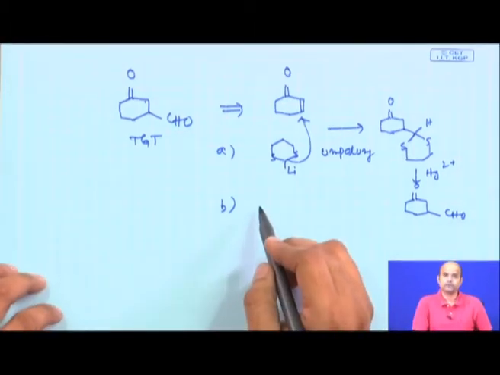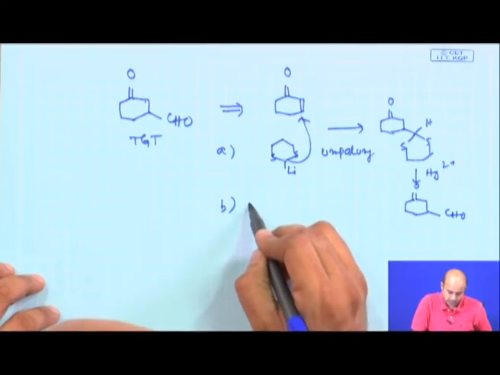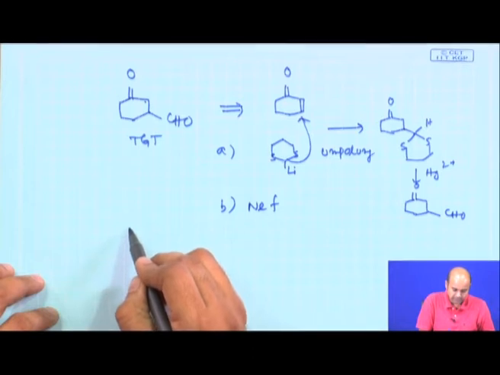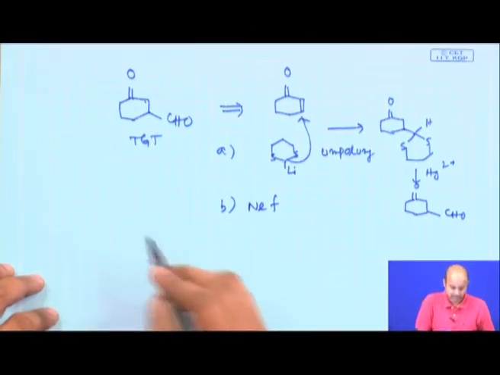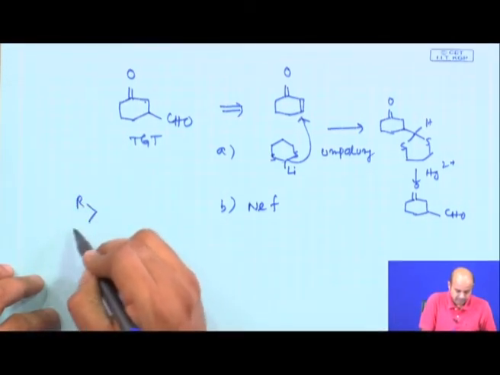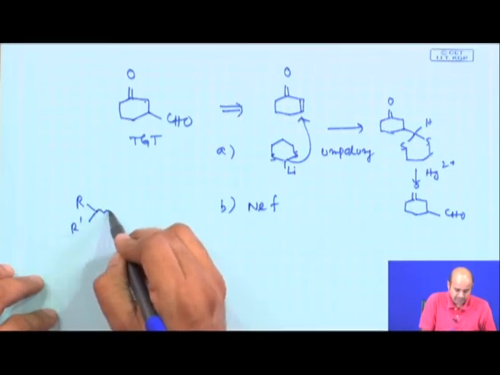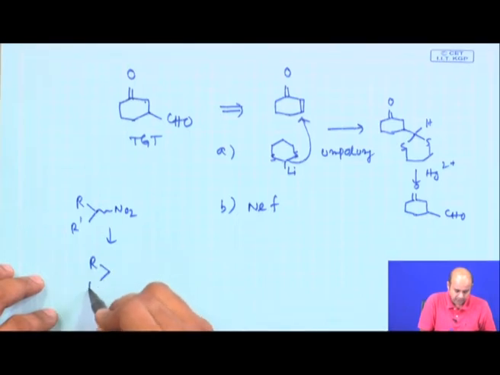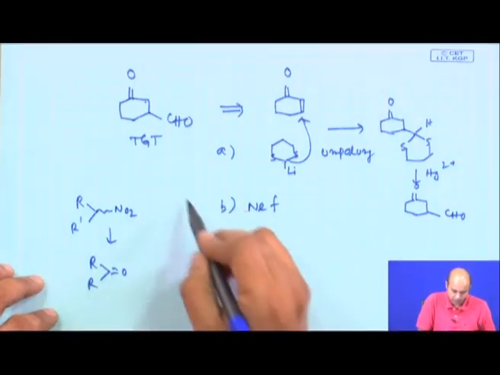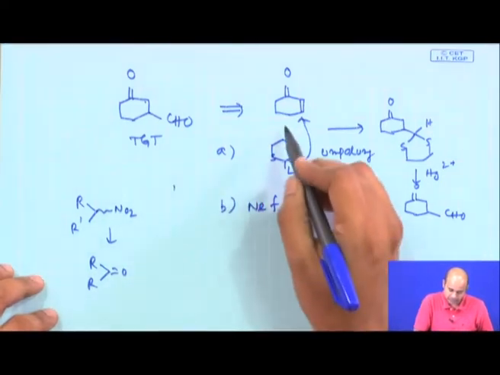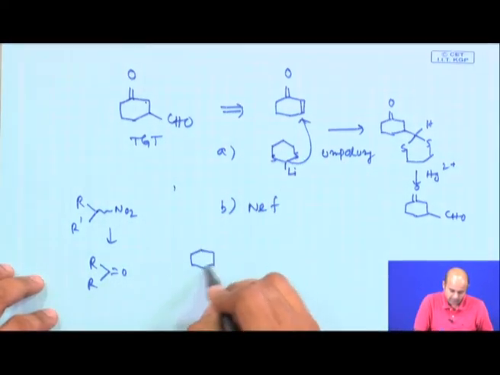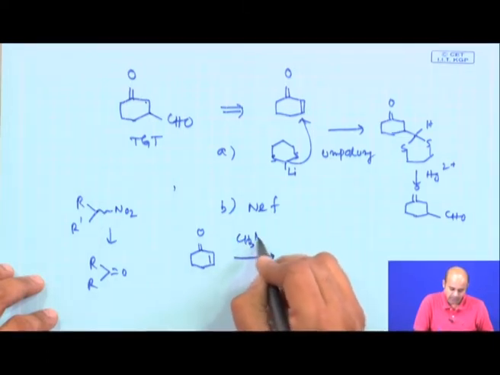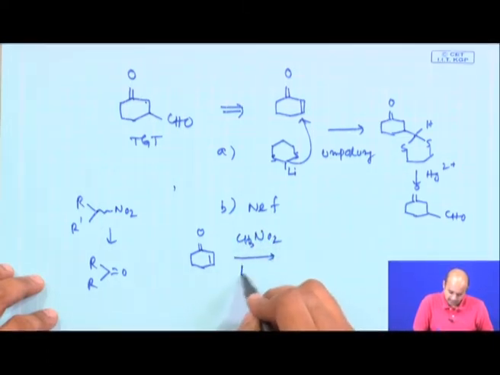Eventually, there are other ways. Try to remember, we have talked about a reaction called the Nef reaction. In this case, for the Nef reaction, the disconnection will be something like this. You have a nitro compound that will be converted to the corresponding ketone. So, what will be your approach? You take this starting material cyclohexenone, react with nitromethane and a base.